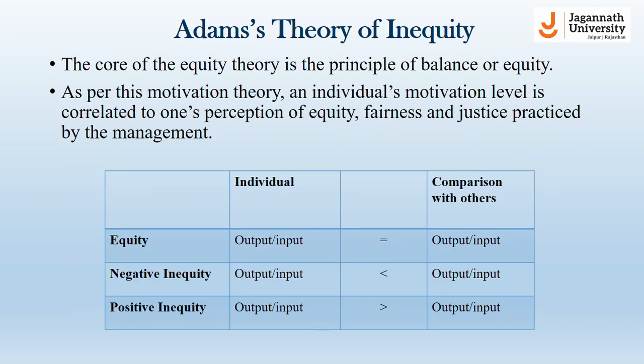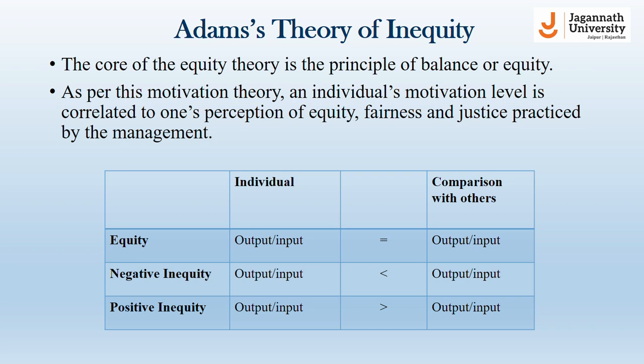So here we are discussing Adams' theory of inequity. The core of this equity theory is the principle of balance or equity. As per this motivation theory, an individual's motivation level is correlated to one's perception of equity, fairness, and justice practiced by the management.